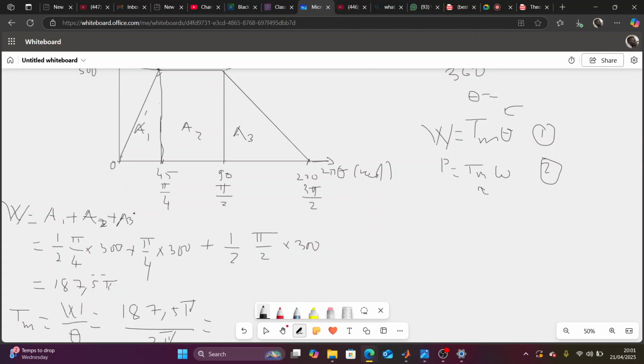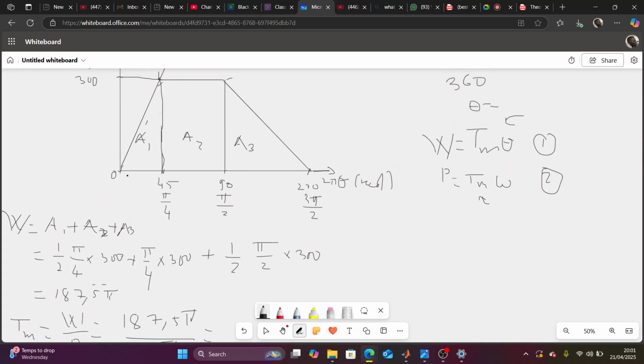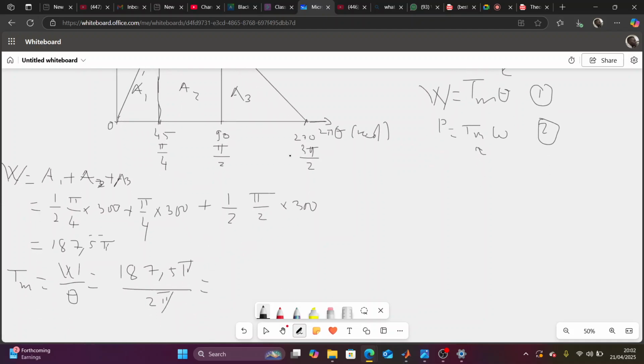Half base pi over 4, height is 300, plus base times height, plus half base. What is 270 minus 90? Yeah, this is where the mistake is. When you do 270 minus 90, or 3 pi over 2 minus pi over 2, it has to give pi. It's pi, not pi over 2. That's where the mistake is.